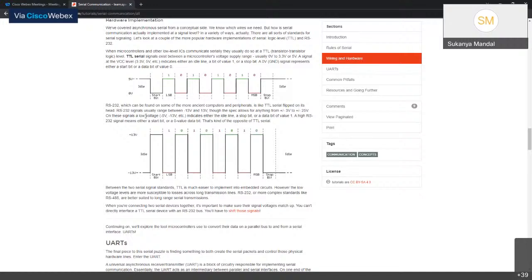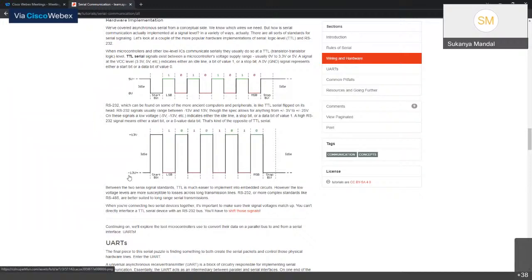Now, basically, for RS-232, which can be found in most ancient computers and peripherals, which are not used now, but just for understanding, it's basically transistor-to-transistor logic serial flipped on its head. RS-232 signals usually range between minus 13 volt and 13 volt, though the spec allows for anything from plus or minus 3 volt to plus or minus 25 volt.